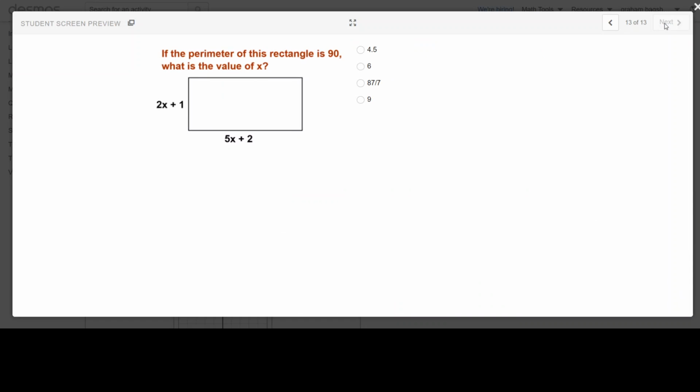Now, the only real word problem on this one was the questions when we did perimeter. So perimeter is when we add all the sides together. So on my sides here, I've got 2x plus 1, and I've got 5x plus 2. Now, don't forget, though, this side over here is also 2x plus 1, and this side at the top is also 5x plus 2.